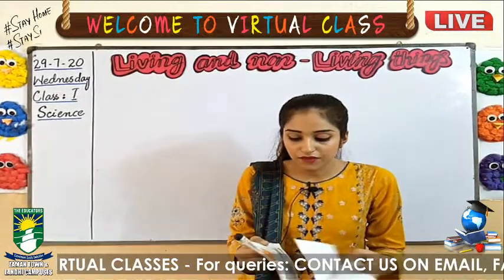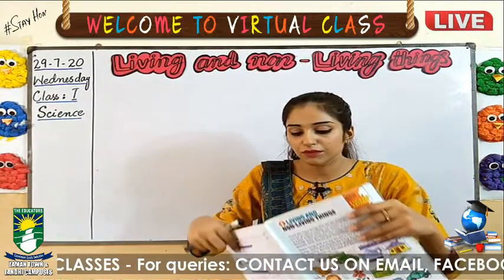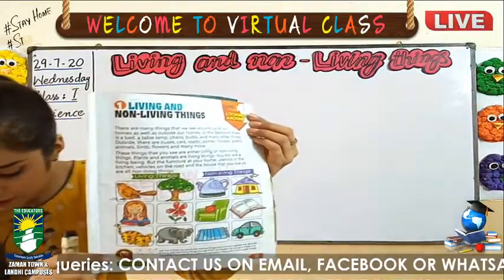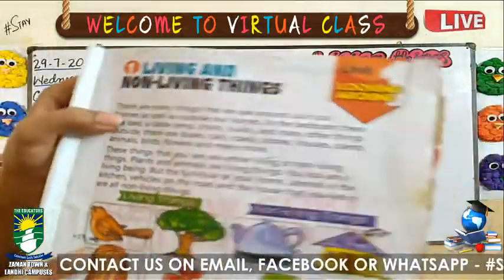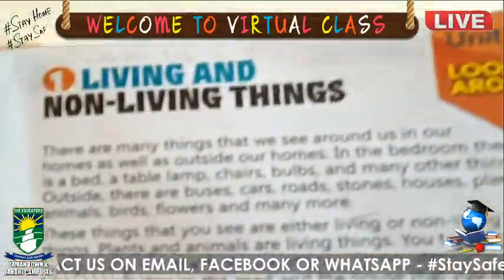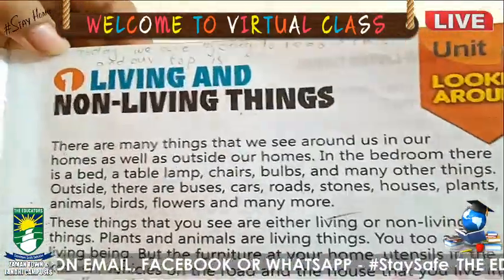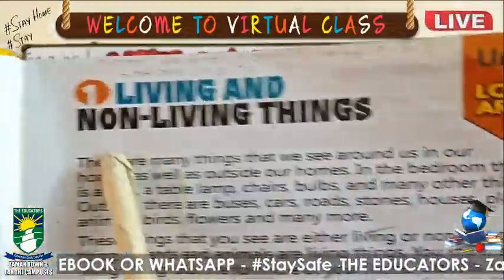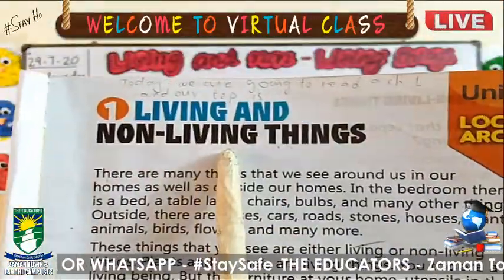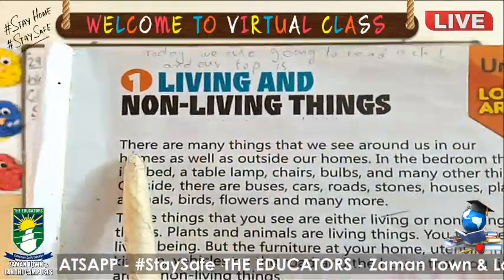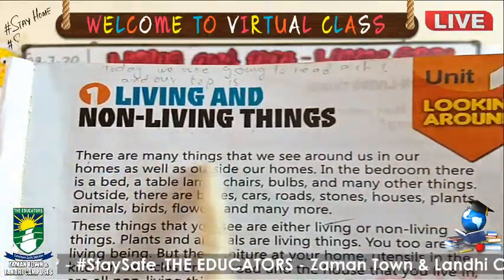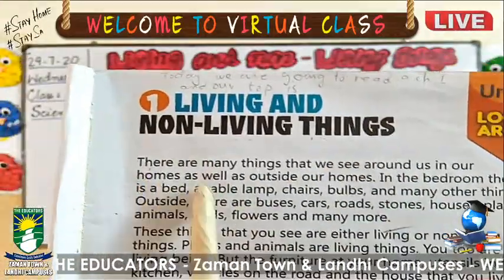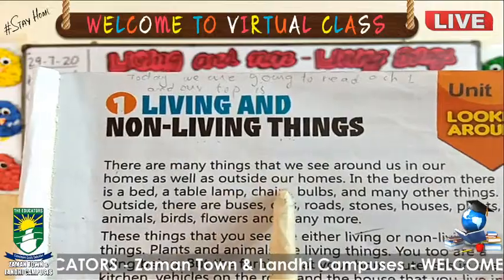Now, first of all, we will start with the reading. For reading, we will open page number 5. Open page number 5 and start reading with me. It's chapter number 1. Living and non-living things. There are many things that we see around us in our homes as well as outside our homes.